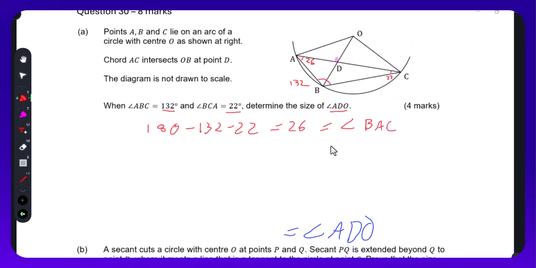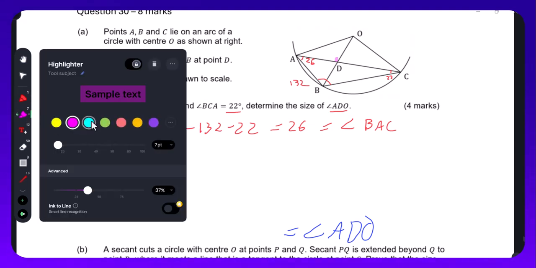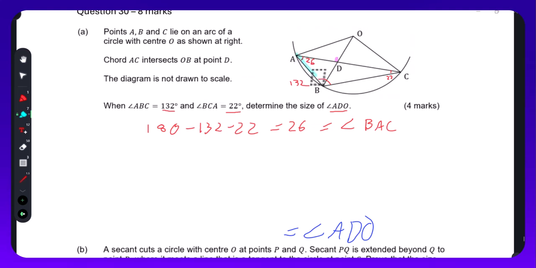Okay, now that we've figured that one out, we should also be able to figure out that this angle that we have just solved, BAC, if you can actually make a bow tie, I'll make the bow tie a different color. And when you make that bow tie, we should hopefully remember that the angle at the center, which is right up there where the O is, is going to be double what it is at the circumference.